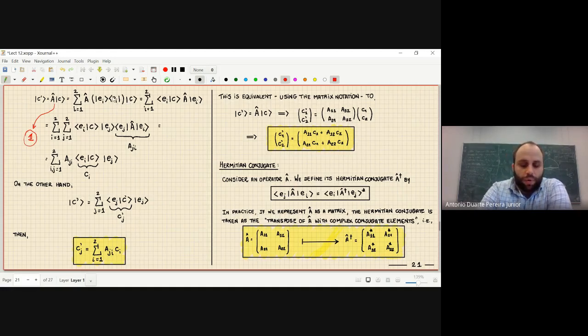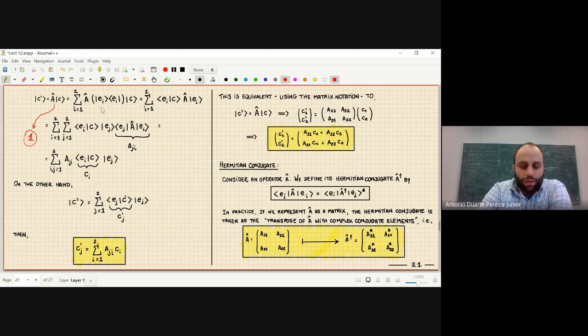So I take the bra EI, multiply by the ket C, I get this number, EI times C, and I just pull this number in front of A, okay? So I repeated the sum, then I wrote the number that I got out of this first part of this product, and the result is just A hat acting on EI, which I repeat here.